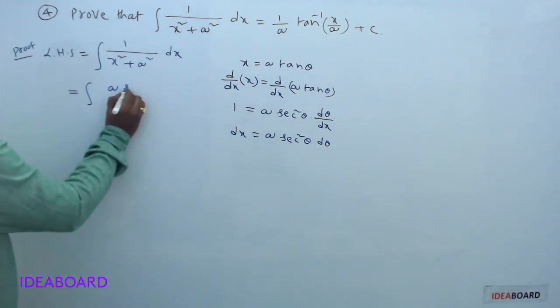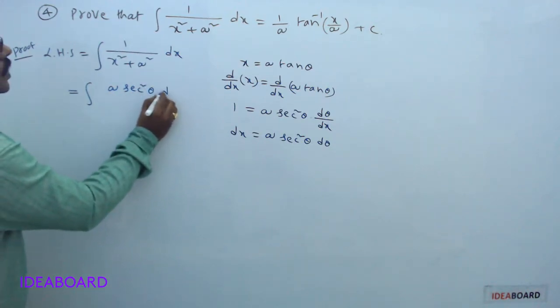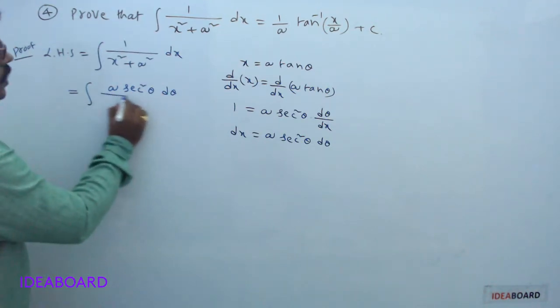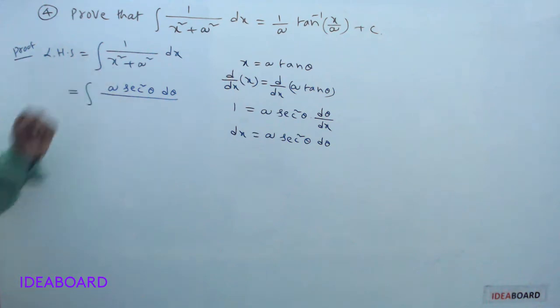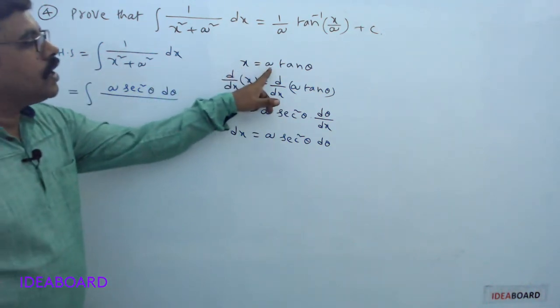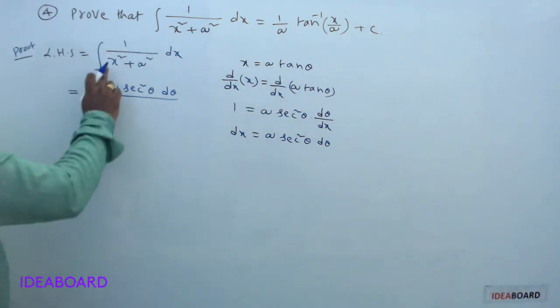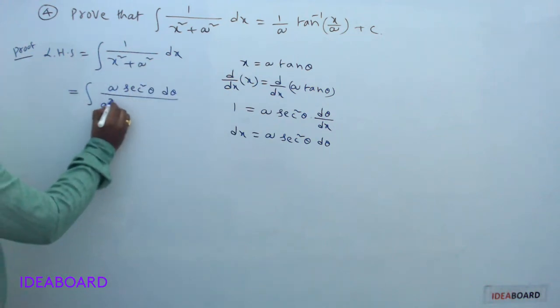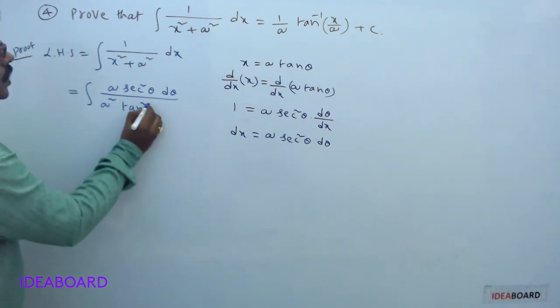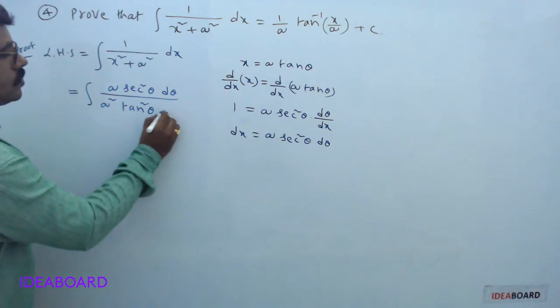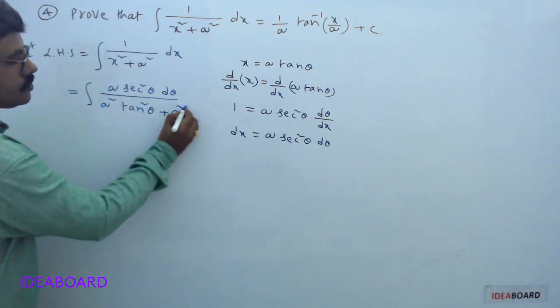So a into secant square theta d theta divided by x square. x is a into tan theta, x square, that is a square into tan square theta plus a square.